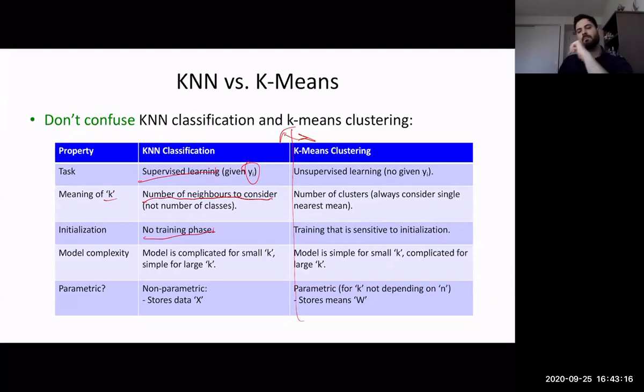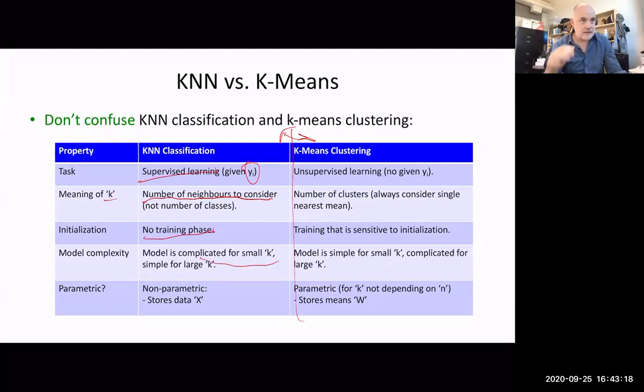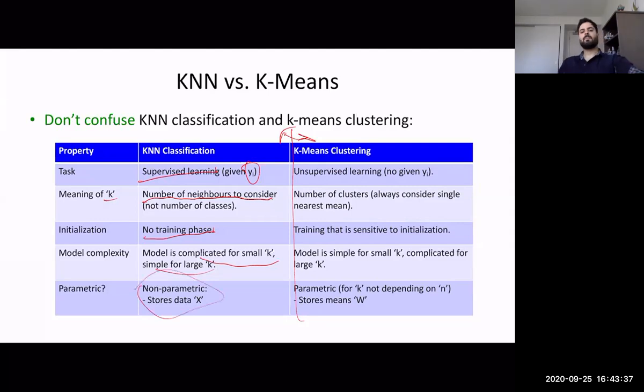K-nearest neighbors has complex decision boundaries. When k is small, you only have to look at one neighbor, so your decision boundary can be very complex. And if k goes to n, then you just return the mode of the training class labels. And k-nearest neighbors classification is non-parametric, it stores the entire data.